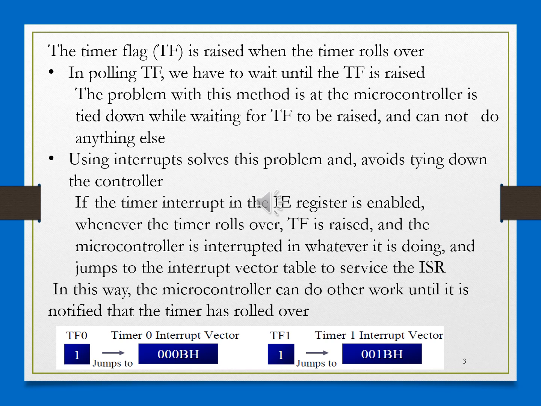Similarly, whenever the timer 1 overflow flag gets set, there is a timer 1 interrupt. The ISR for the timer 1 interrupt is saved at memory location 001BH. That subroutine is executed when a timer 1 interrupt occurs. All right.